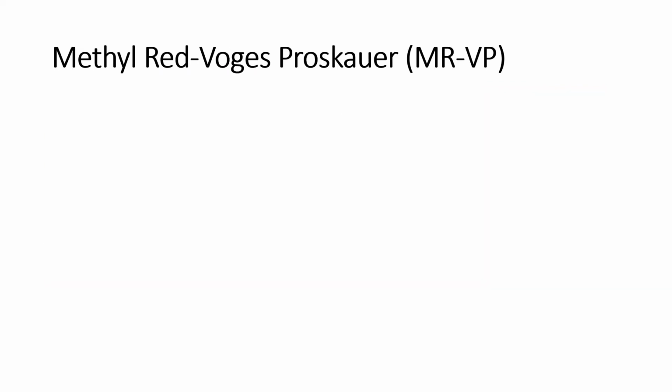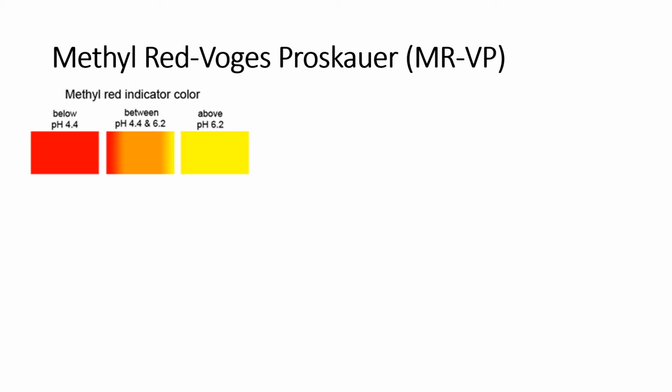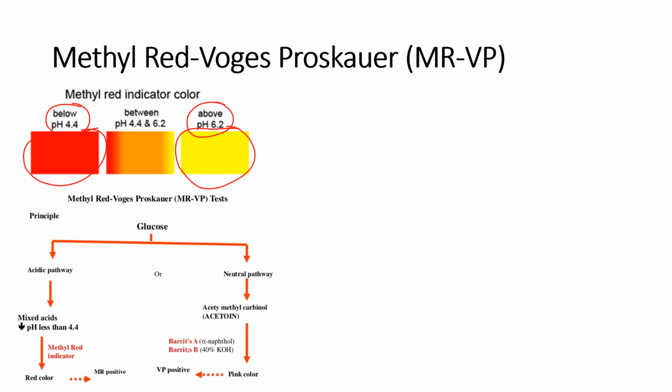The other test is the Methyl Red-Voges-Proskauer test, and for this the indicator is methyl red. Methyl red has different colors compared to phenol red. When solutions are acidic, the color will be red, and when solutions are basic, the color will be yellow. The Methyl Red-Voges-Proskauer test is testing how glucose can be metabolized.